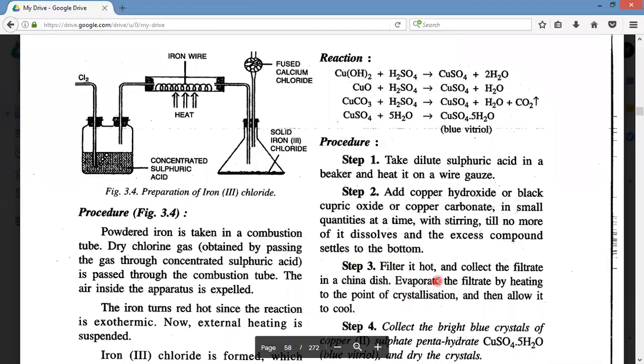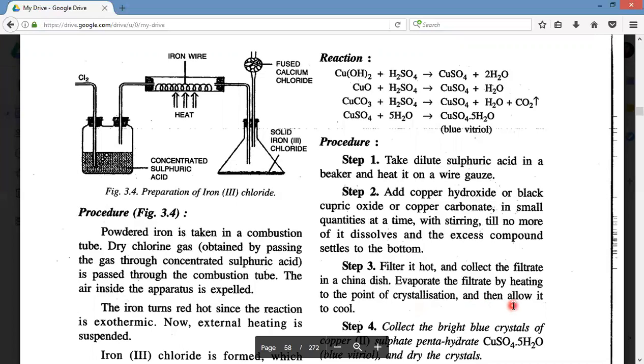Filter that compound in its hot form, then collect the filtrate in a china dish. That china dish is again heated up to its crystallization point, but boiling should not be there in that china dish. It will rupture your crystals and exceed your crystallization point.